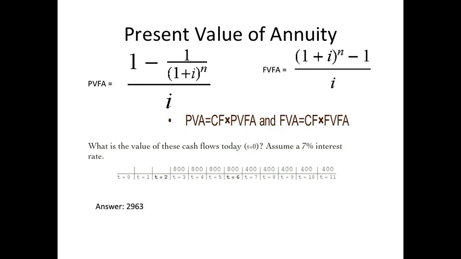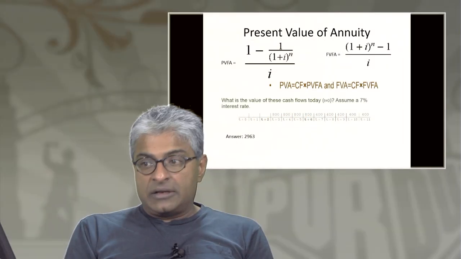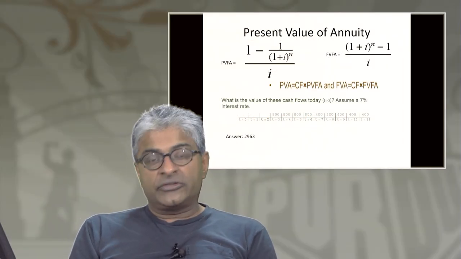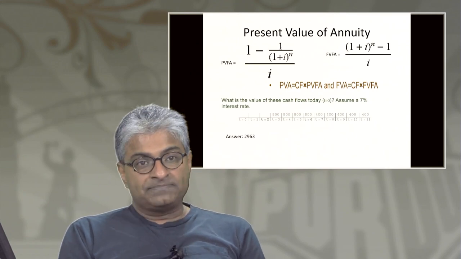That sum then needs to be moved back to time 0 using the single sum formula that you've already seen. When you add up those two at time 0, you should get somewhere in the neighborhood of 2963, which is the present value of those two annuity streams. I encourage you to try it out for yourself and get that answer. Good luck.